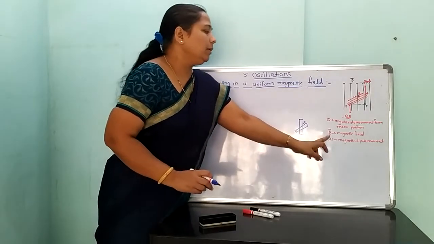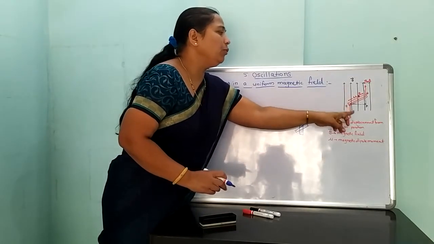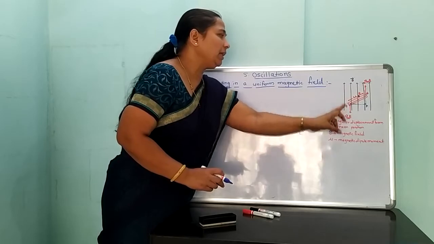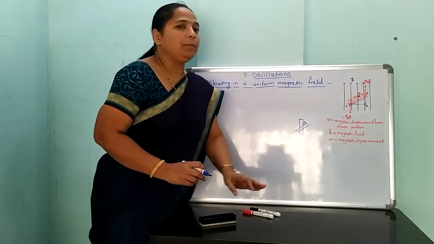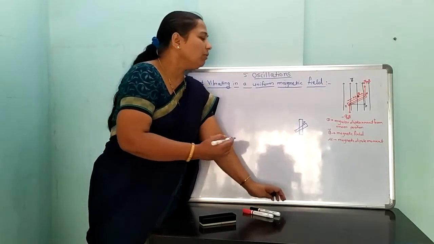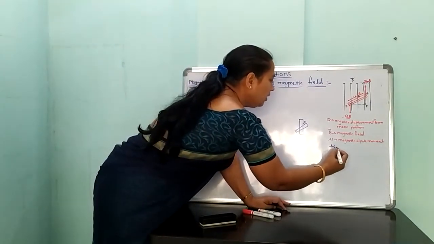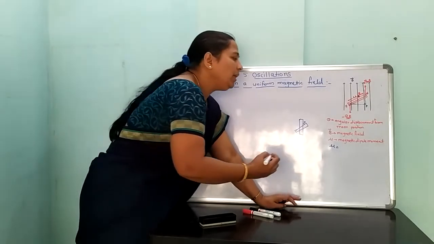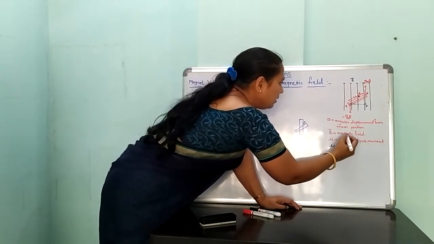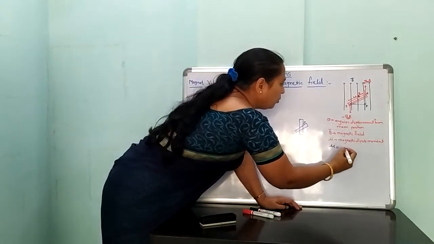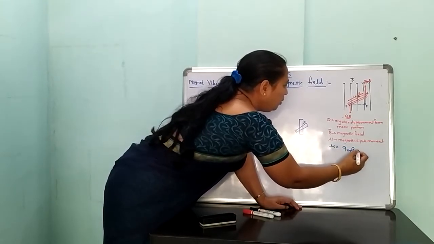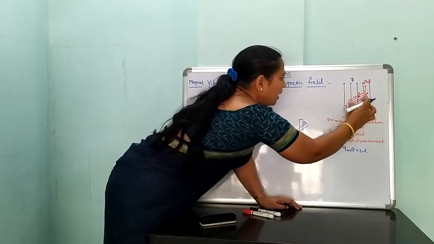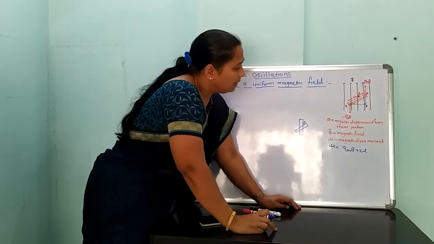B shows the uniform magnetic field, the magnetic lines of force. And mu is the magnetic dipole moment. Magnetic dipole moment is defined as the product of magnetic pole strength QM into twice L, the magnetic dipole length.